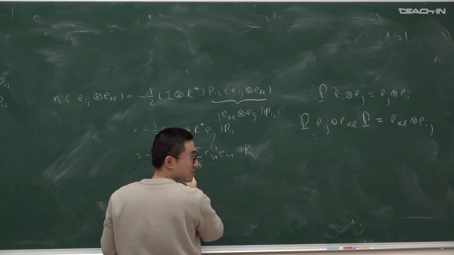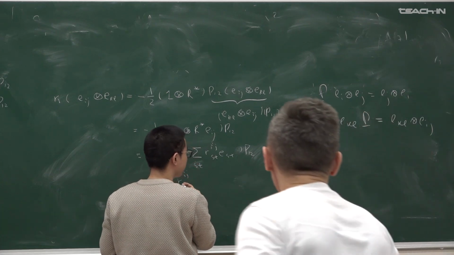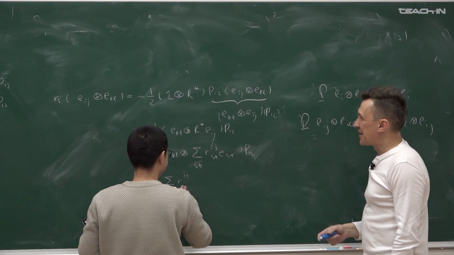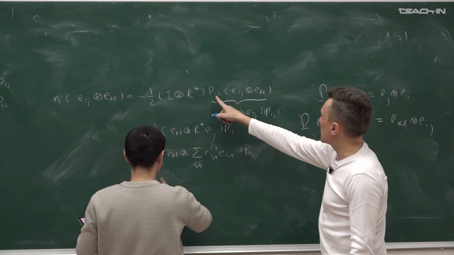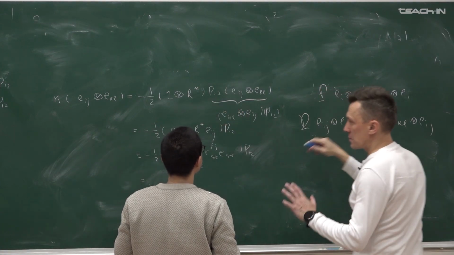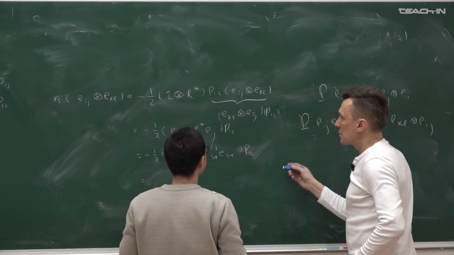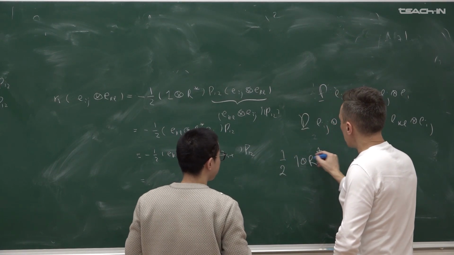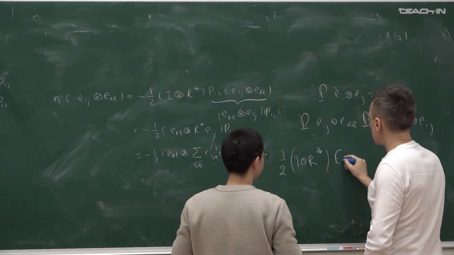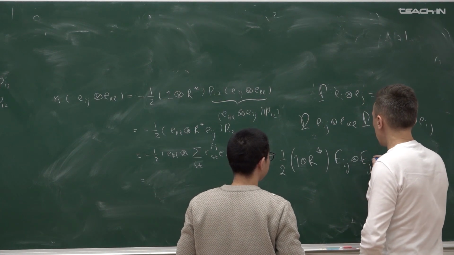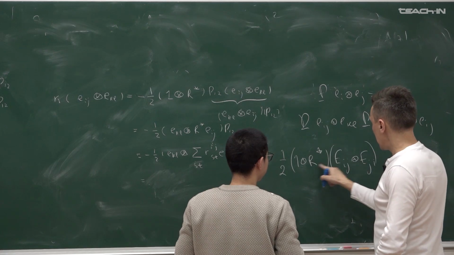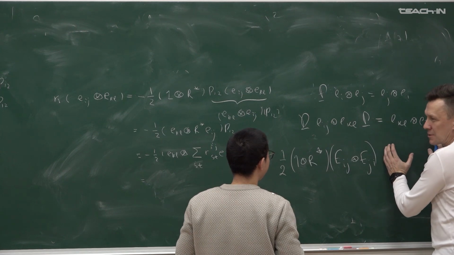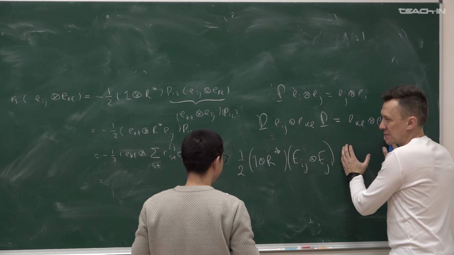I have the impression that you are doing something much more complicated than needed. If you just rewrite this P in tensor notation, the sum over Ij of Eij Eji, and then apply this to it, that's all. You don't need to consider where it acts.